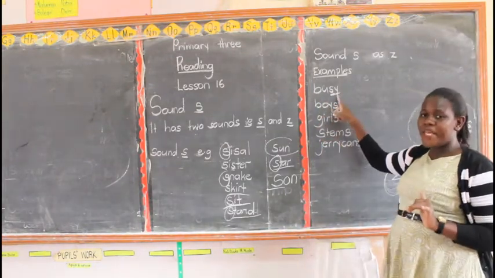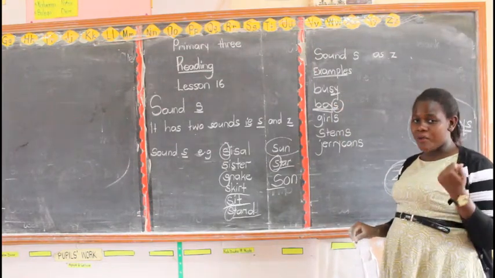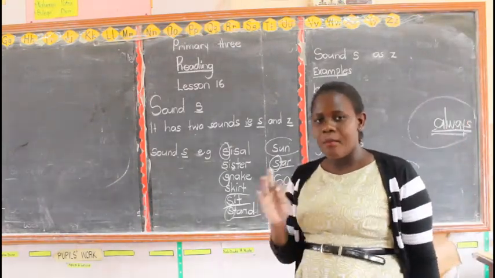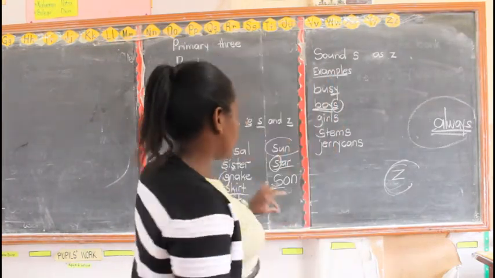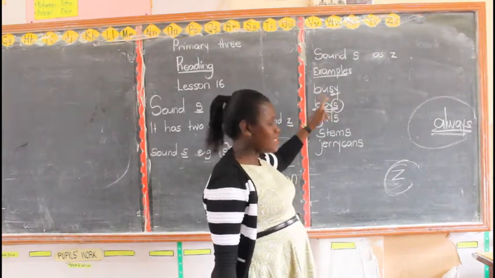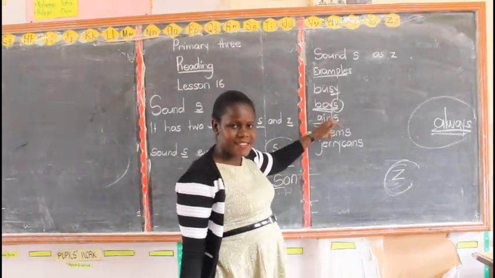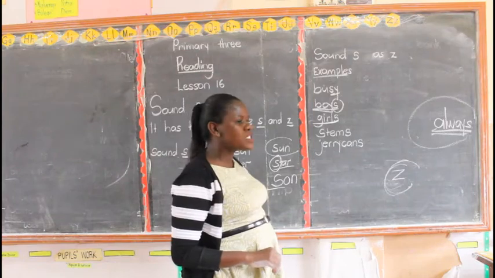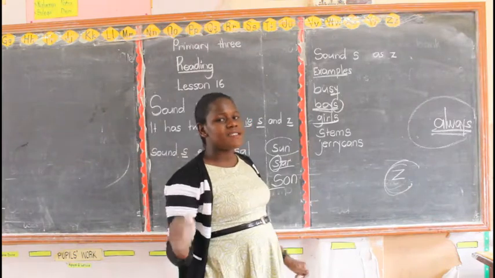So we have busy. We have even this one here. Observe that letter S. How am I going to pronounce it? Is it going to be S or Z? We have boys. Are you hearing that Z somewhere? That is very good. What about this one here? It is girls. You don't say girls with an S sound, it is girls with a Z sound.